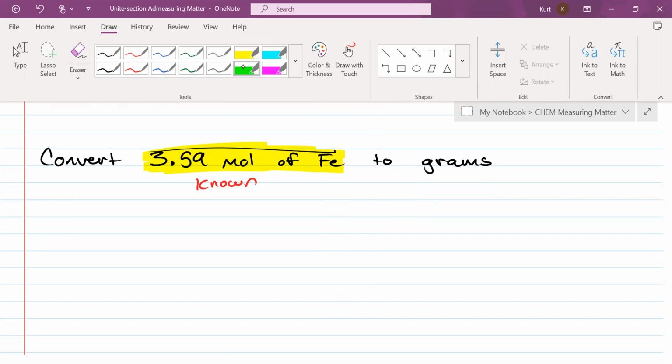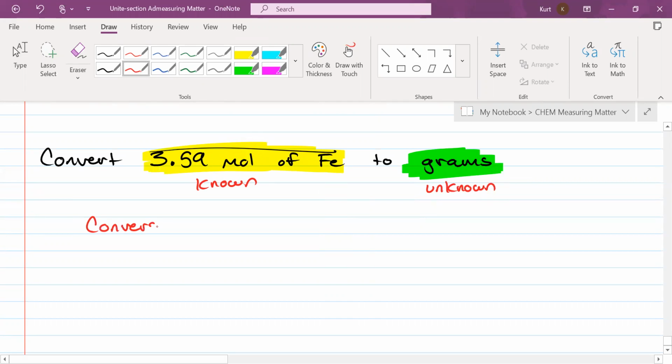Nick, what are we trying to convert it to? Grams. That's right. That's your unknown. What conversion can we use that you guys have been taught so far that lets you go from grams to moles and moles to grams? Derek? Applying the molar mass. Molar mass is right. Very good.